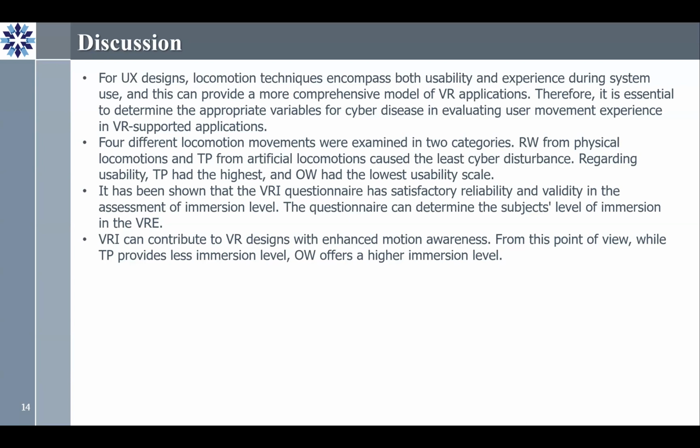Real walking from physical locomotion and teleporting from artificial locomotion caused the least cyber sickness. Regarding usability, teleporting had the highest and omnidirectional walking locomotion had the lowest. The virtual reality immersion questionnaire has been shown to have satisfactory reliability and validity in assessing the level of immersion.